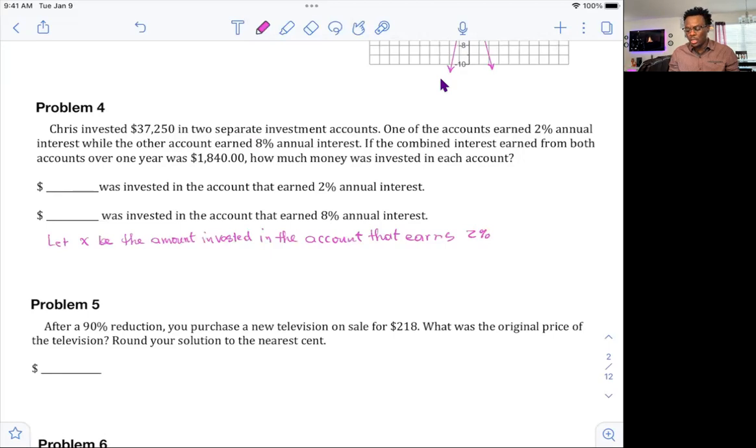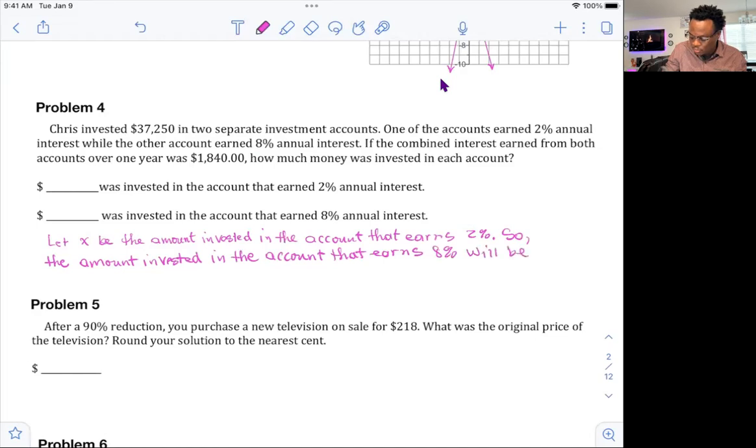Okay, well, then if X is the total invested in this account that earns 2%, and we know the total invested in both accounts is 37,250, then the amount invested in the account that earns 8% will be 37,250 minus X, right?